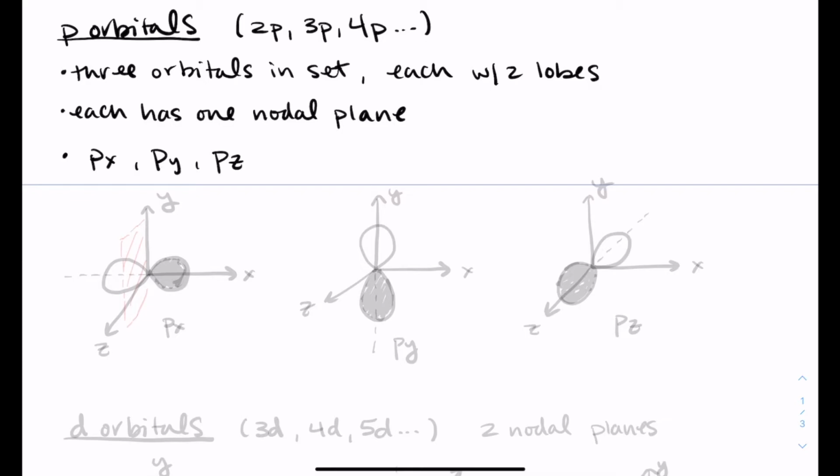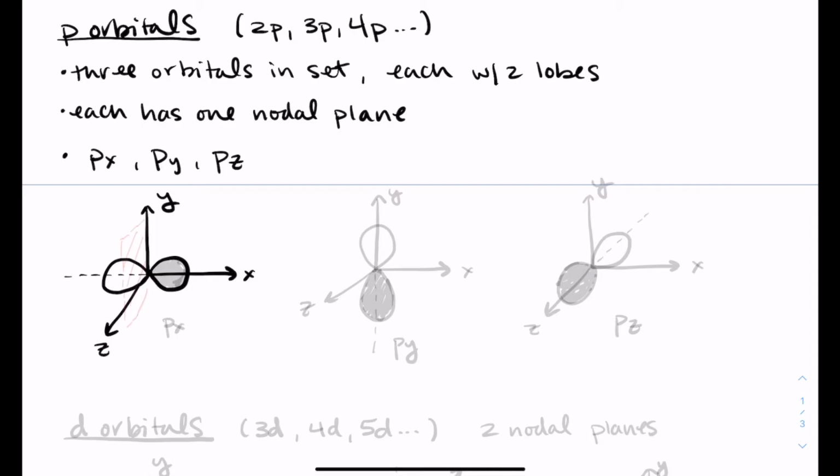So I have my x and y-axis in the plane of the board. My p orbital has a node at the origin. For my px, it has one lobe that points in the positive direction on the x-axis and one lobe that points in the negative direction on the x-axis.